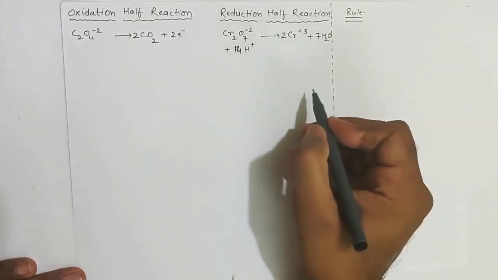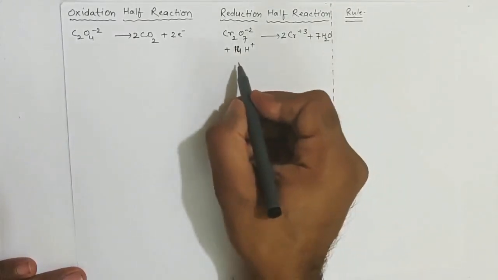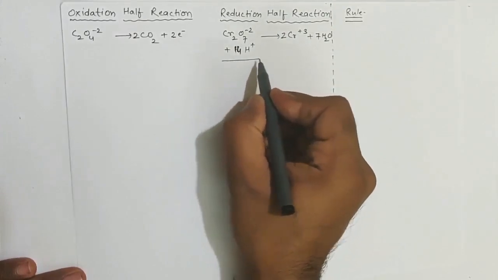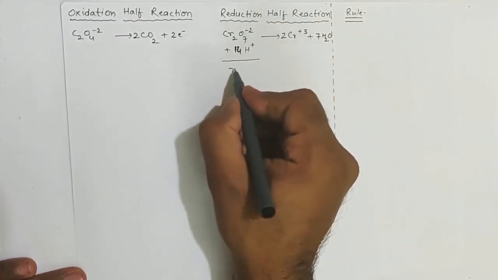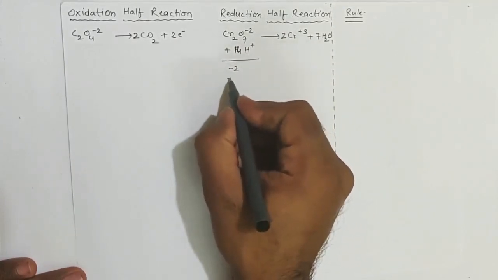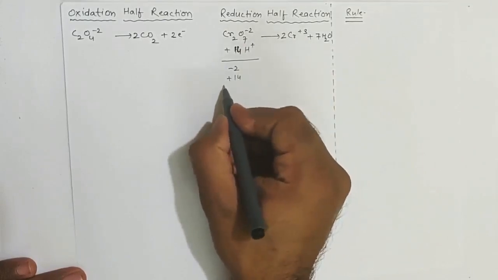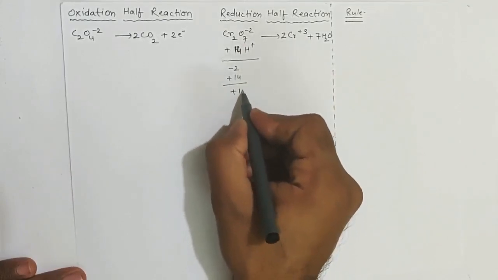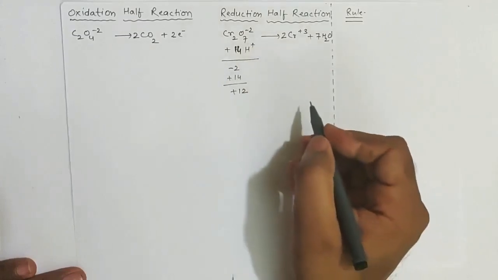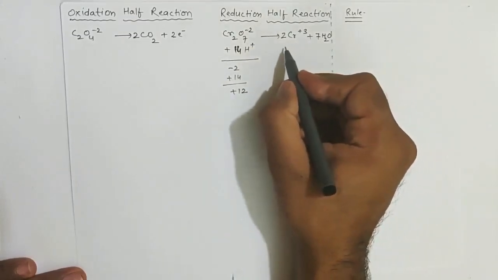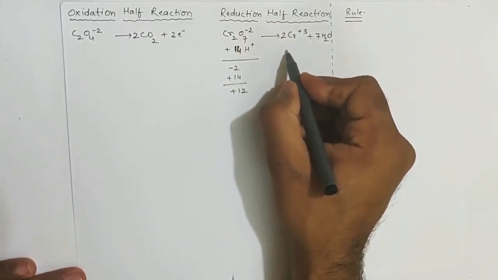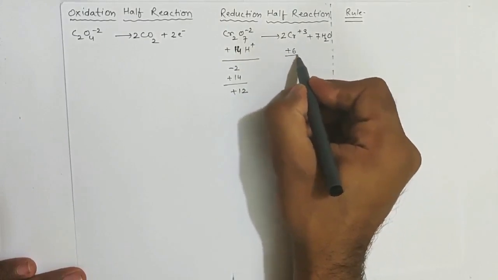Now let's balance the charge of this reaction. As you can see, at the reactant side there is -2 charge and +14. So there is an overall +12 charge present at the reactant side. On the product side there is only +6 charge present.